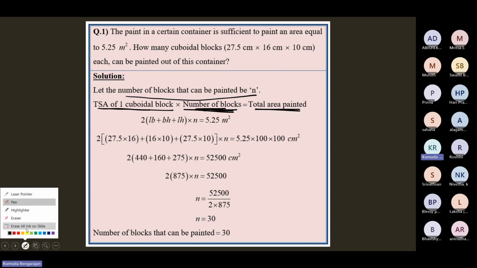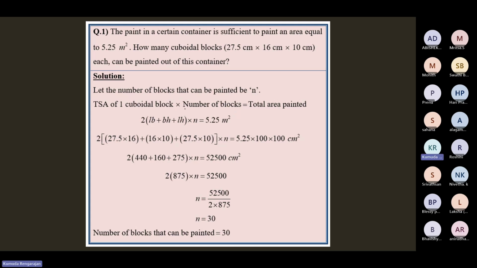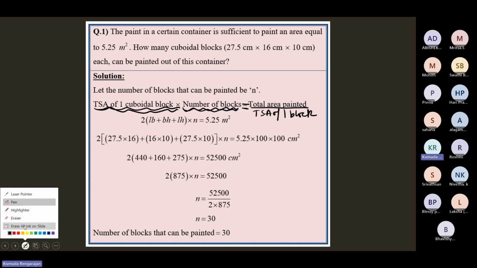If you transpose, the number of blocks is equal to total area painted divided by TSA of one block. If you bring this to the other side, it will come for division. That's what I told you.